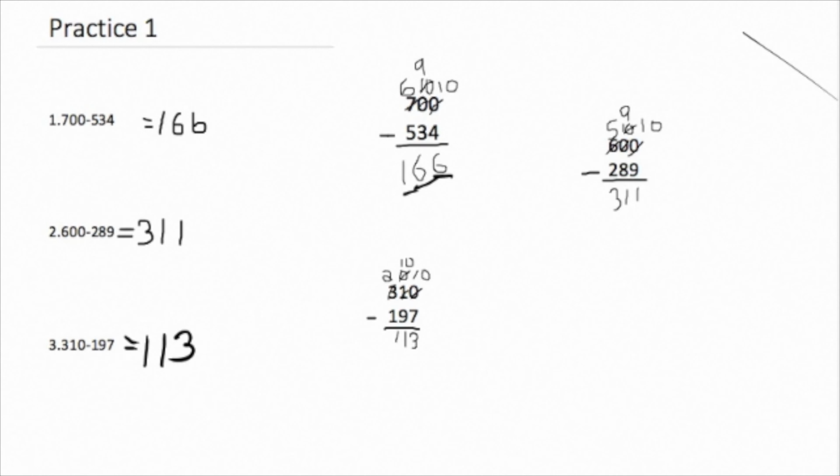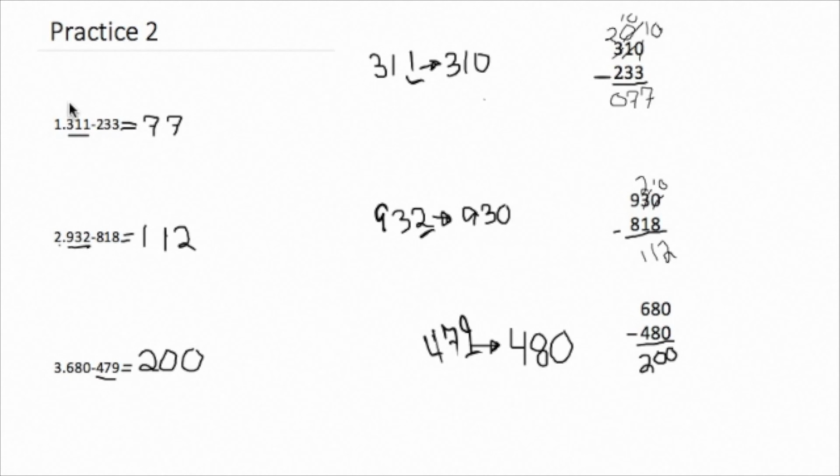Yeah, let's do some harder ones now. It's practice 2. It involves rounding. So if a line is under something, that means you should round that number, and that's through all this lesson. So first one, we need to round 311 and then subtract 233 from it.